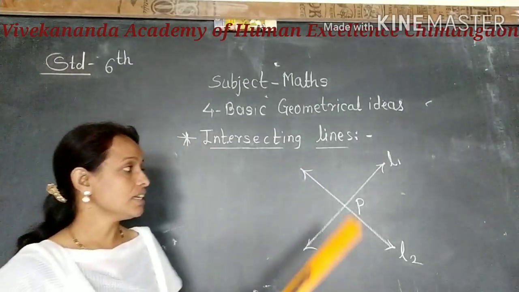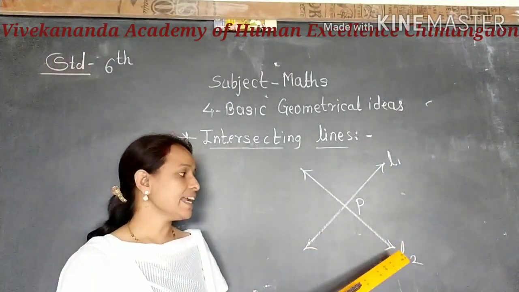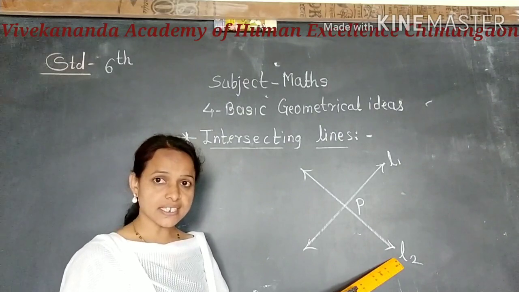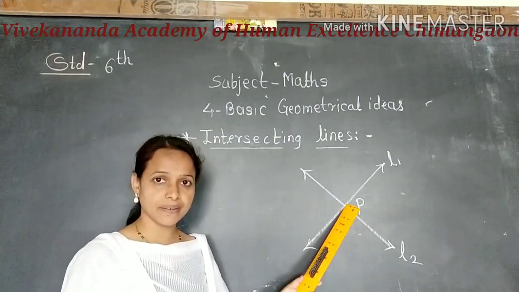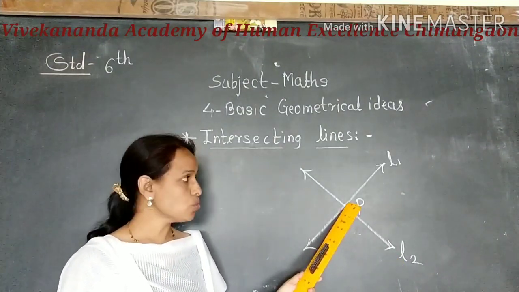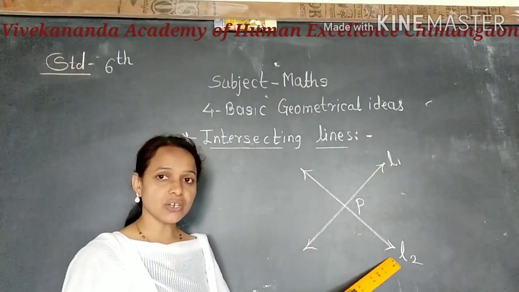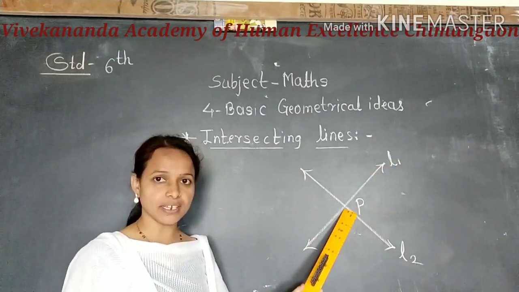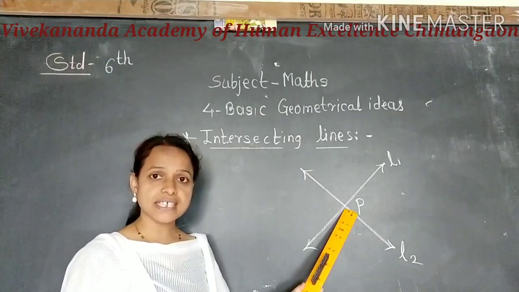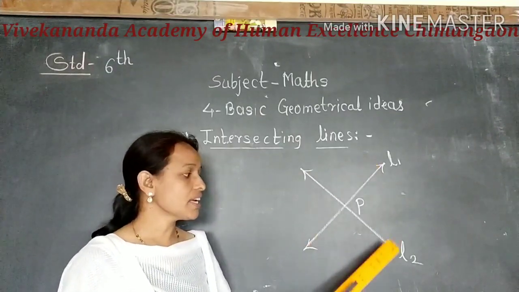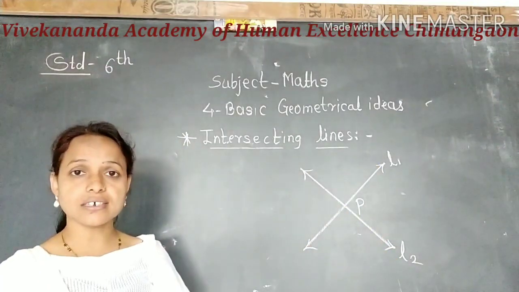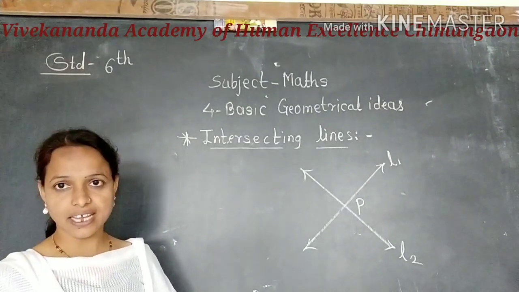In this figure, line l1 and line l2 intersect at point P. This means the two lines l1 and l2 have one common point. So we say that lines l1 and l2 are intersecting lines.